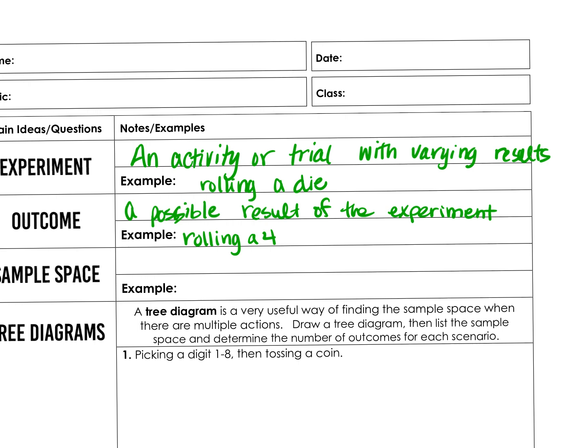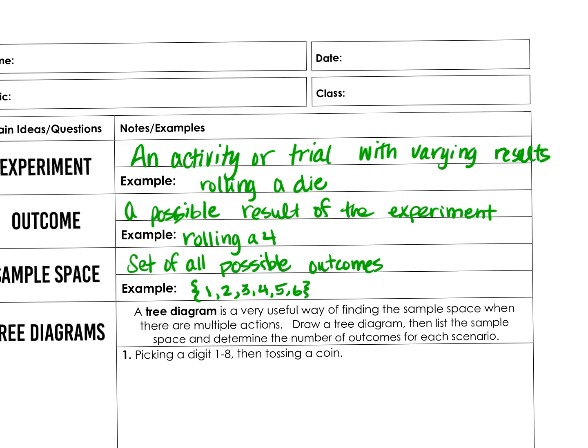The sample space is the set of all possible outcomes. So for our example here, rolling a regular 6-sided die, we could get a 1, a 2, a 3, a 4, a 5, or a 6.